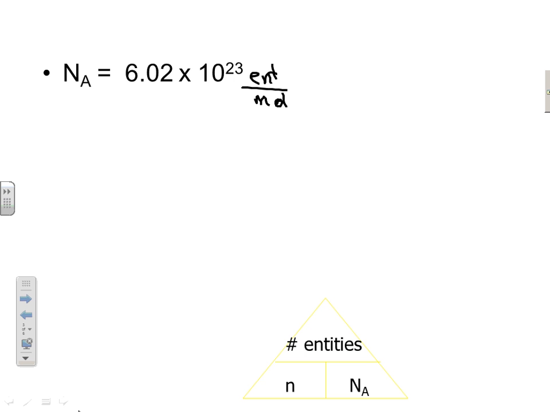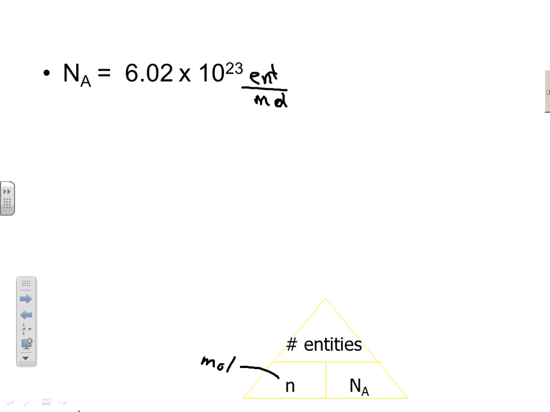In the equation that the other chemistry teachers use, this N, don't write that down, but this N stands for moles, okay? It's the count of moles. This Na is that number, and then this is the entities. But I want you to use the units to help you get the formula.